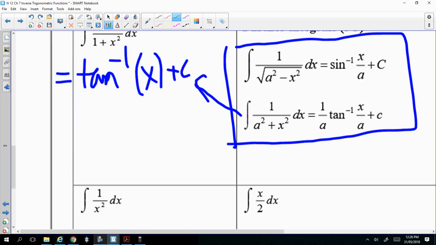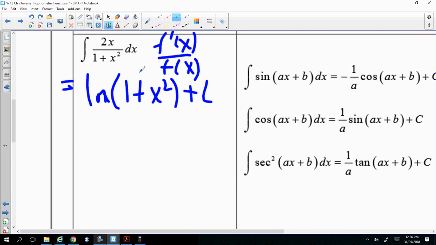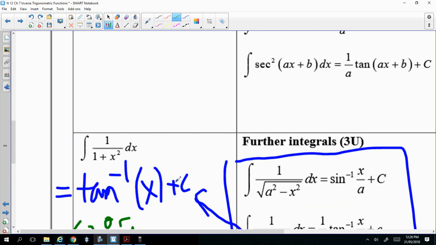But if I have an x there, it has to be ln, okay? But if you have a 2, it's still tan inverse. So if I have an x like this, you just get half of ln. So once you have an x, it's completely different.